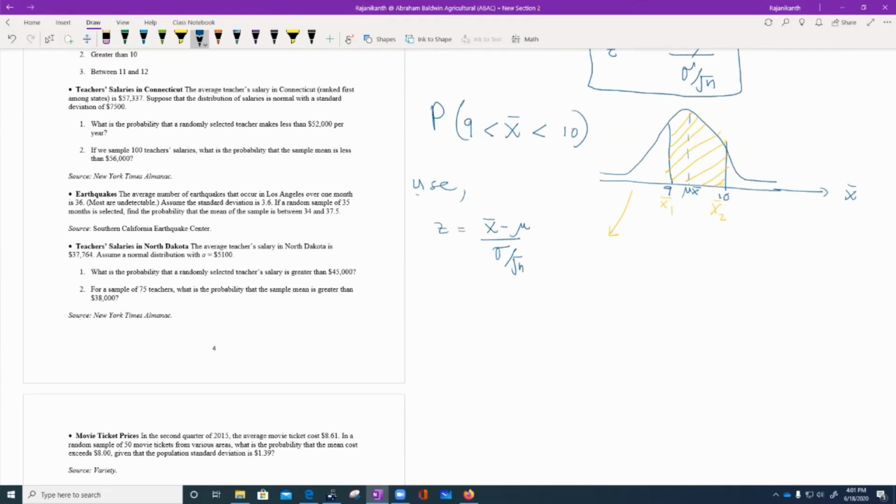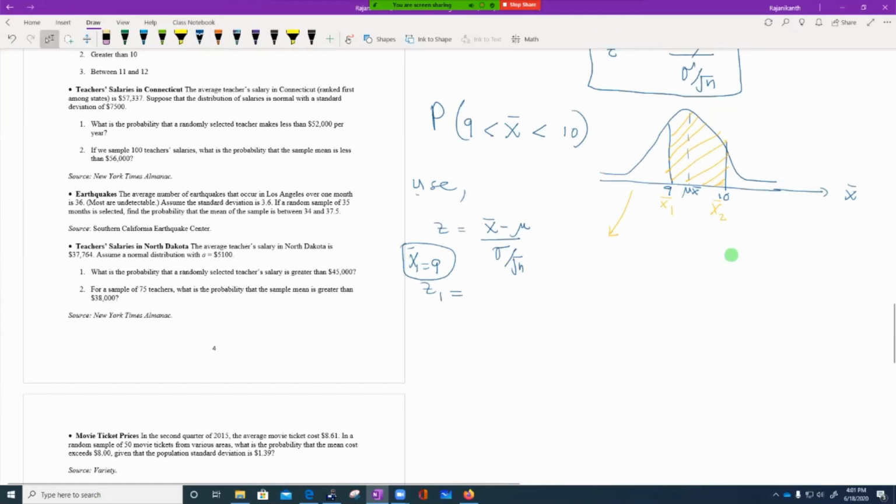If you use this formula, I'm going to change x1 bar to my z1. So I'm finding z1 for when x1 bar is 9. Okay, 9 is here. This is my x1 bar.